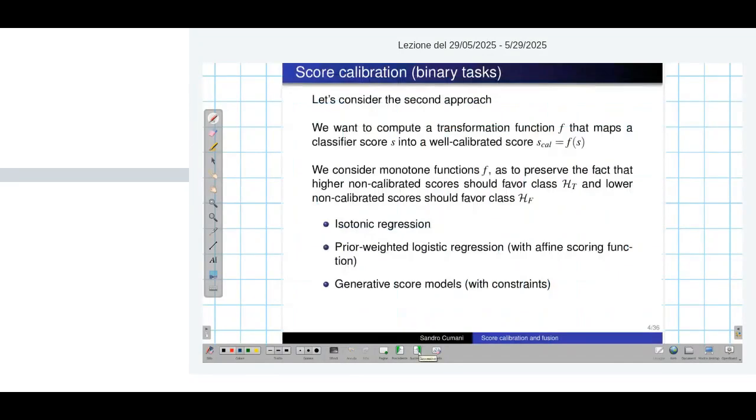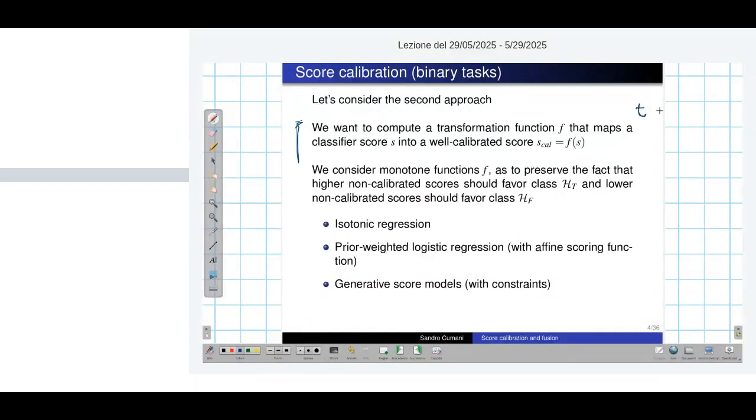So the idea here is, okay, we can do that. If we know the application in advance, it's doable. But can we do something better? Can we find a way that allows us to produce well-calibrated scores directly? If we have well-calibrated scores, then we don't have the problem. We know how to compute the threshold.